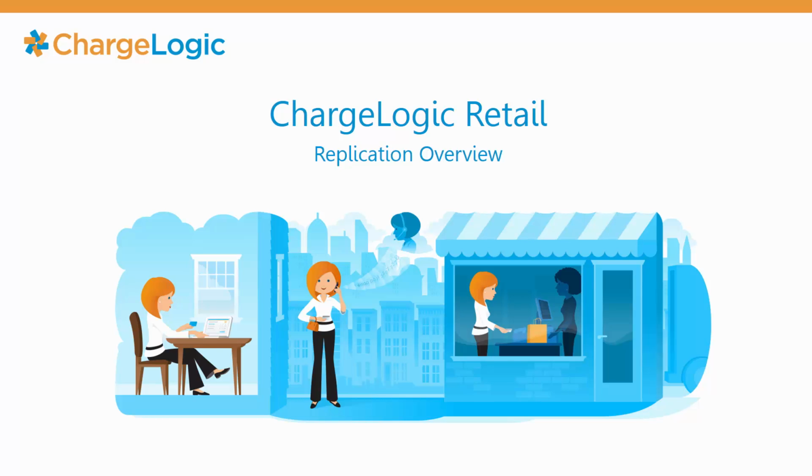So in order to make that happen, you can use replication to only give them the data that they actually need to run the point of sale system in order to protect that corporate data, but also make it so that you can do all the setups in one system and push them out through replication.